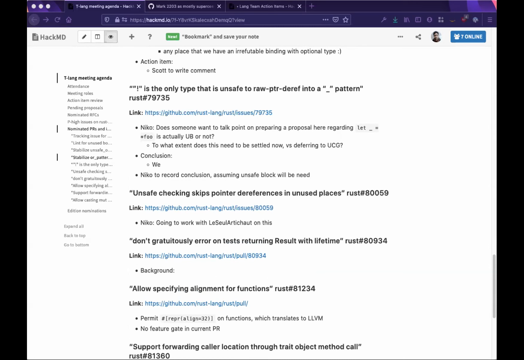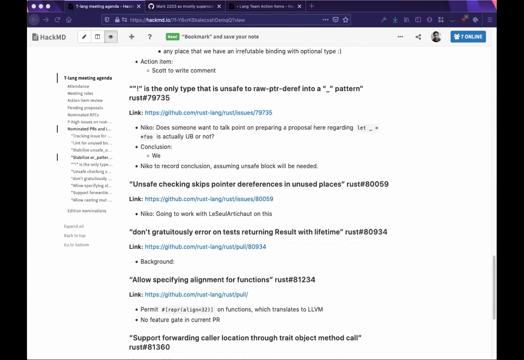It's not really exactly deferring, we're not actively doing it. We're saying we want unsafe to be required. That's Rust number 80059. And it is considered UB for now until we make up our minds, right?